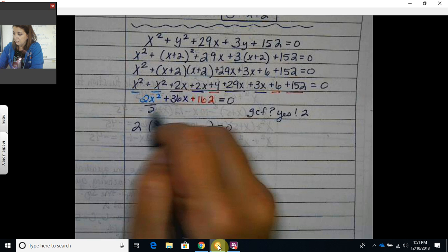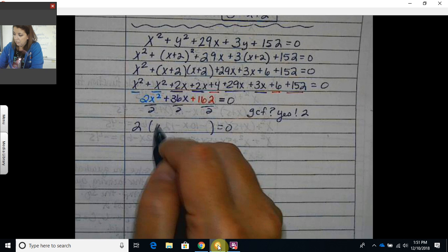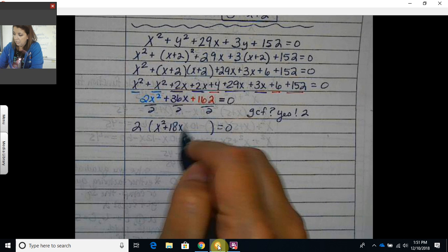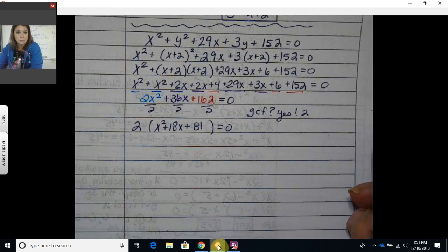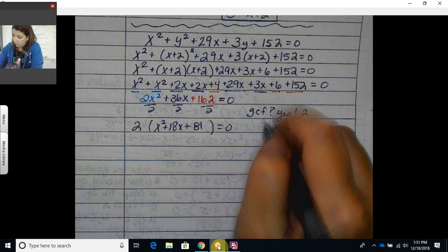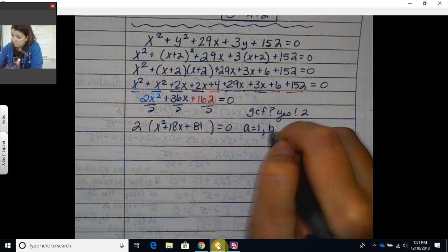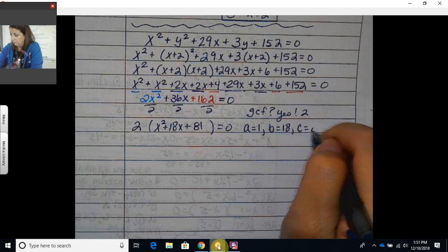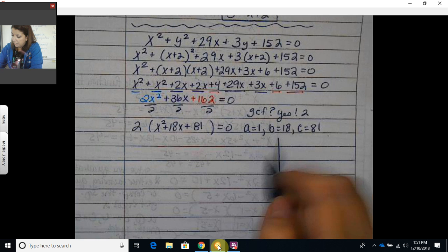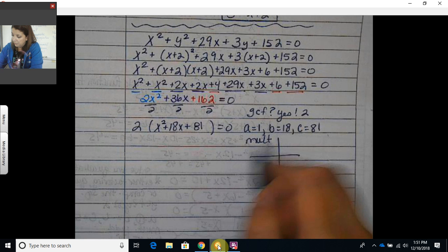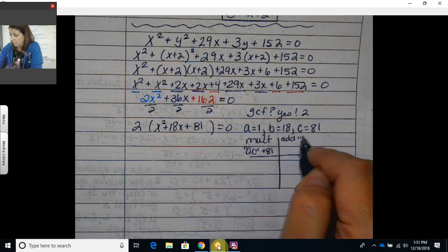That gives me x squared plus 18x plus 81. So I know A is 1, B is 18, C is 81. So in my T-chart, I need two numbers that multiply together to give me AC, which is positive 81, and add to give me B, which is positive 18.